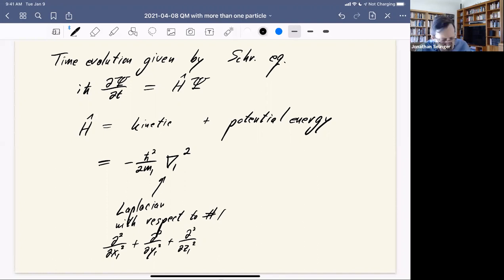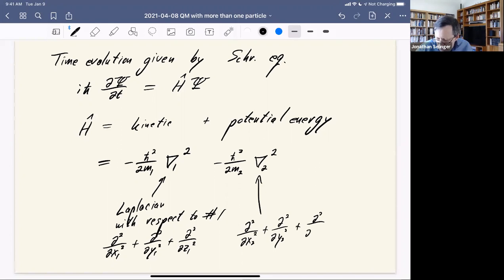Then we have the same thing with particle 2. So that would be minus h bar squared over 2m2 times the Laplacian with respect to particle 2. So that means the second partial derivative with respect to x2 plus the second partial derivative with respect to y2 plus the second partial derivative with respect to z2.